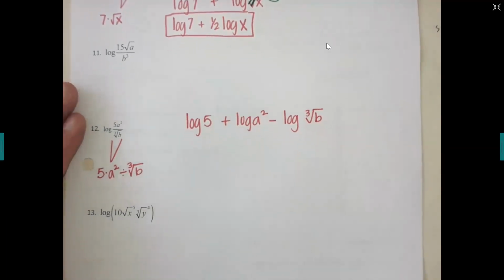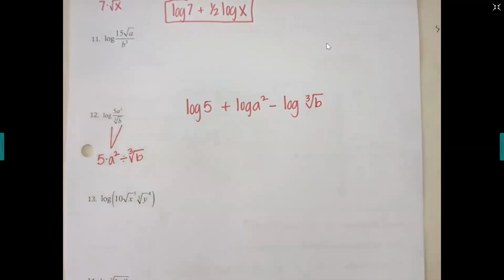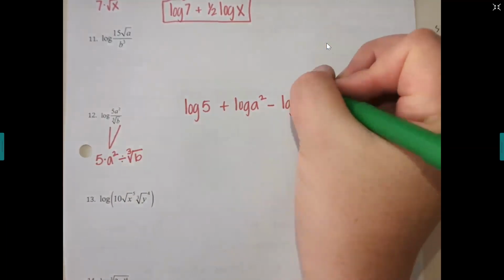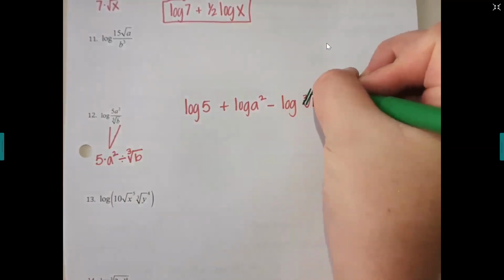Everybody's in their own log, but I still see exponents, and that's not allowed. Also remember that roots are hidden exponents. So if I have a cubic root, what exponent is that really? That's really, cross it out, a 1/3. Good job, Anaya, that's right.